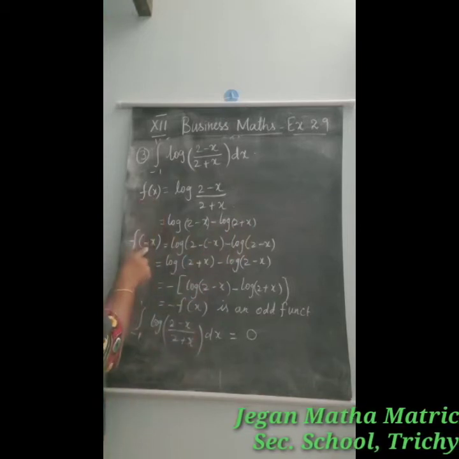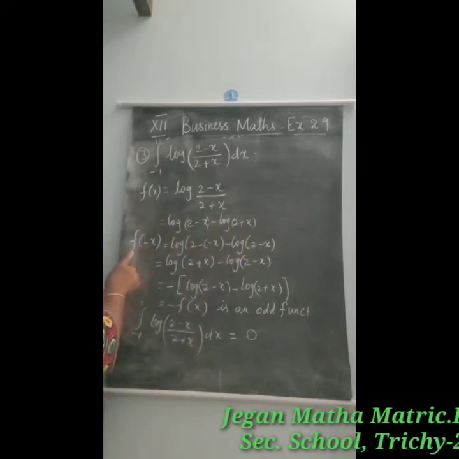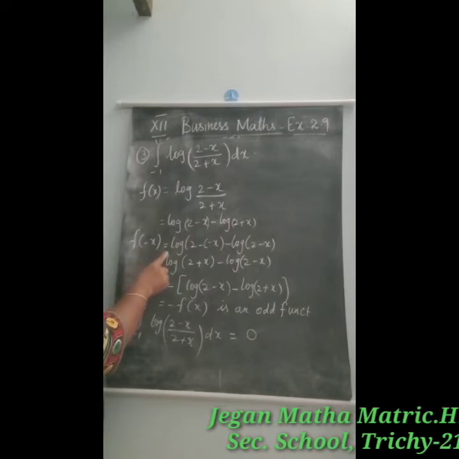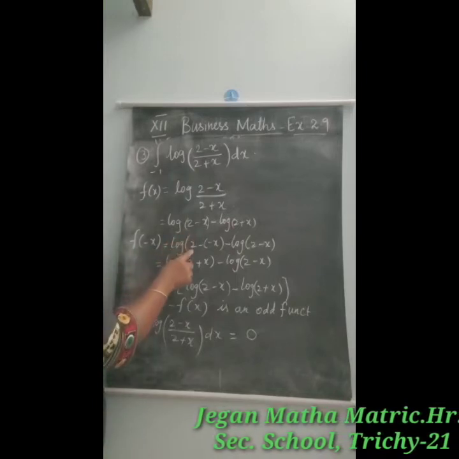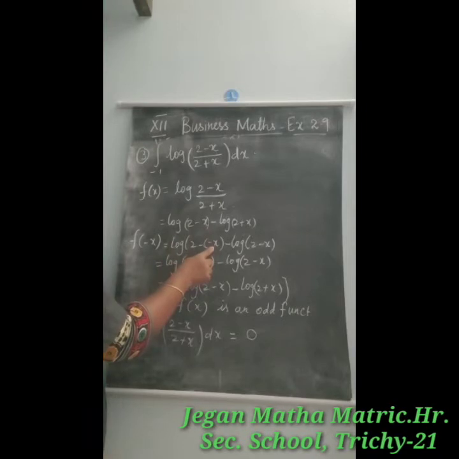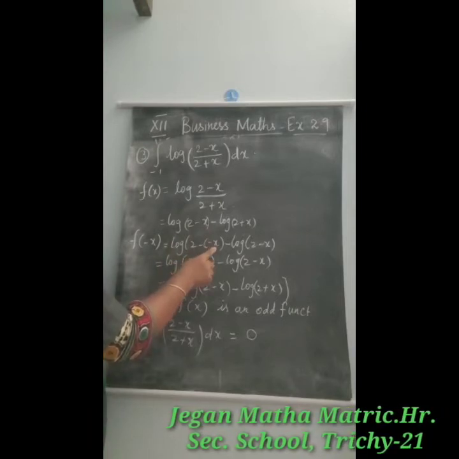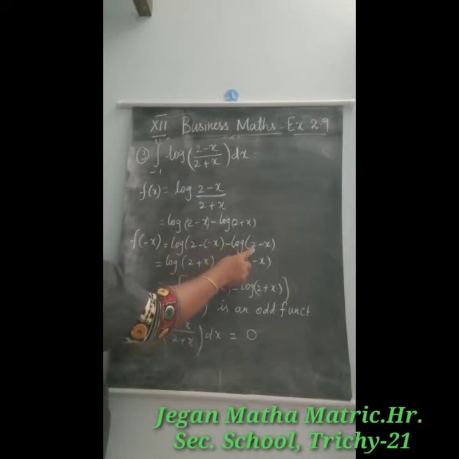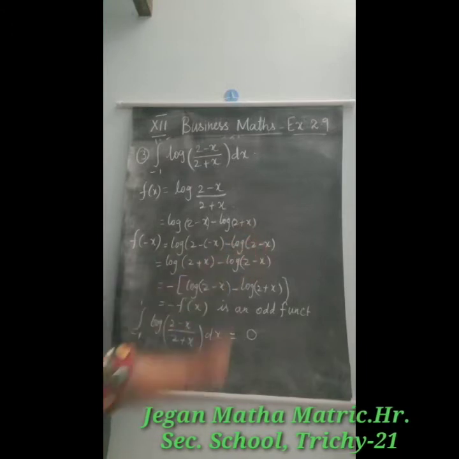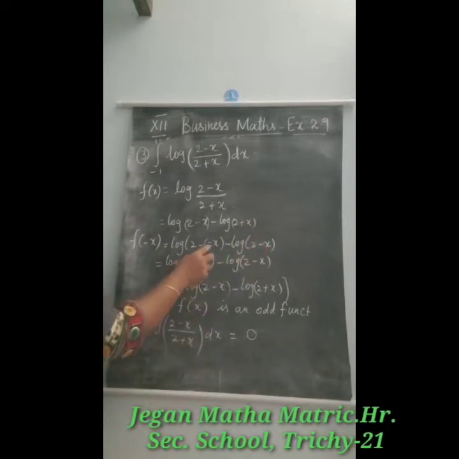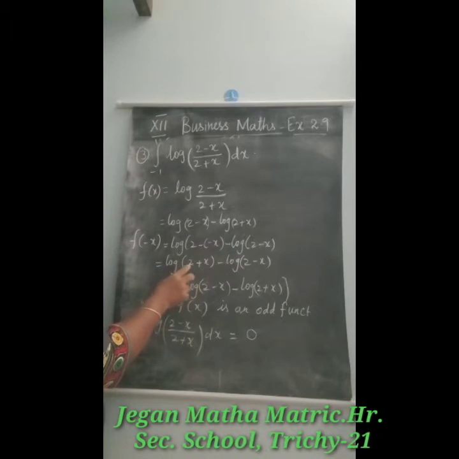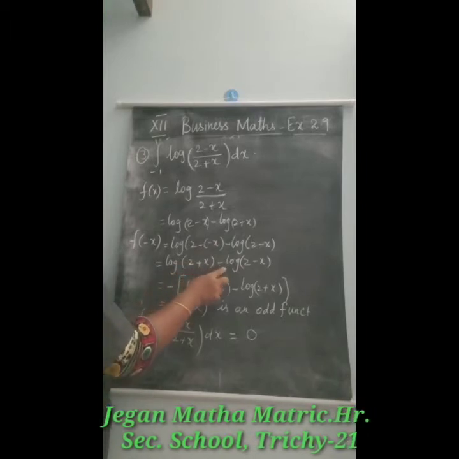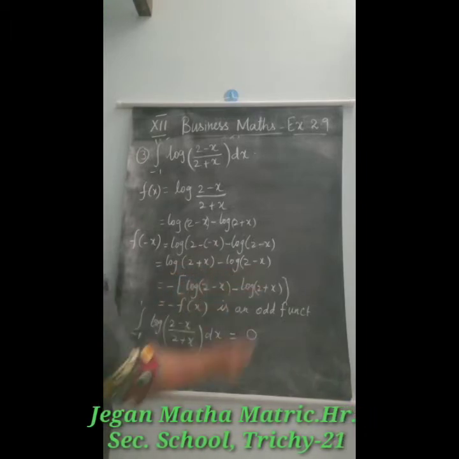Instead of x, substitute -x. So f(-x) = log(2 - (-x)) - log(2 + (-x)), and minus of minus is plus. So log(2 + x) - log(2 - x).